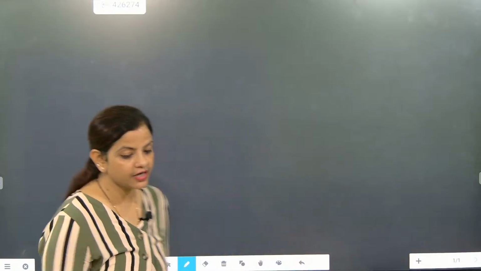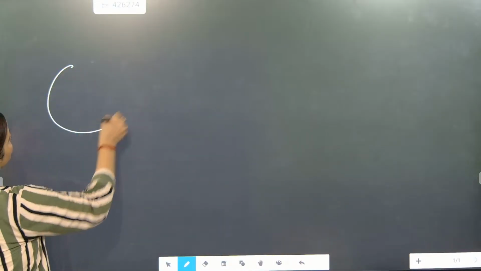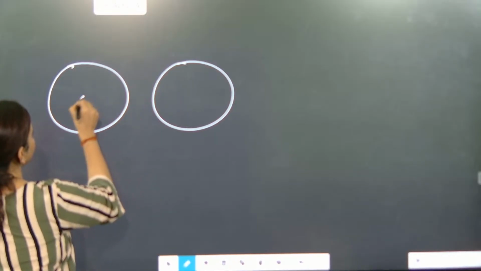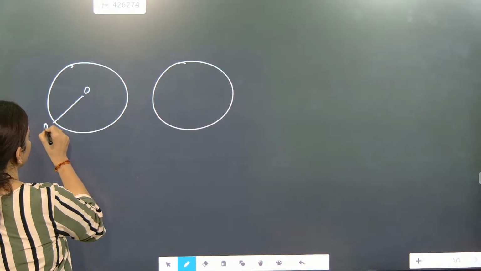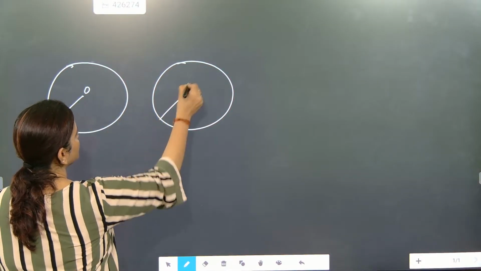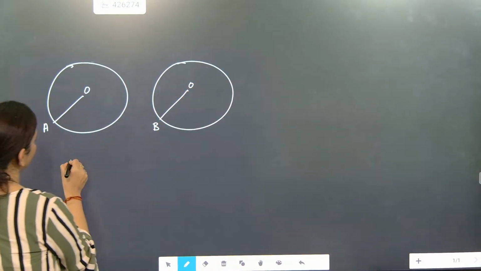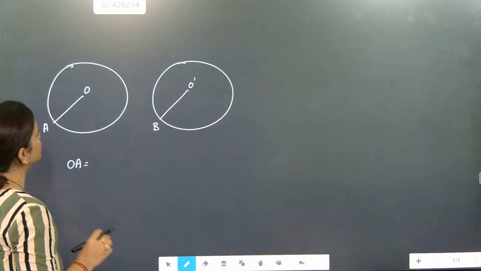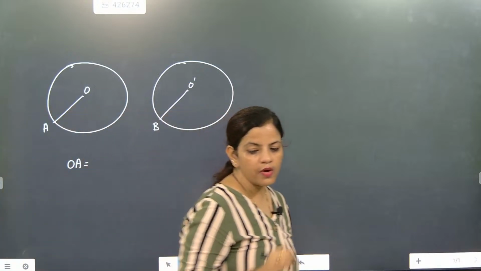Definitely this statement is true. If one circle is there, another circle is there. If their radius is the same, this is OA and this is OB, so OA is equal to OB. So two circles are there having centers O and O dash.